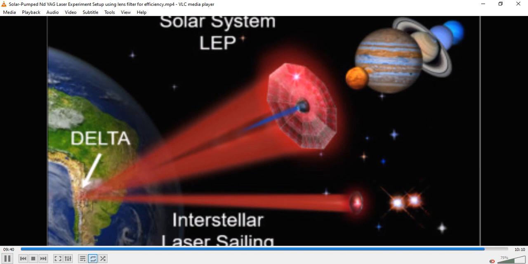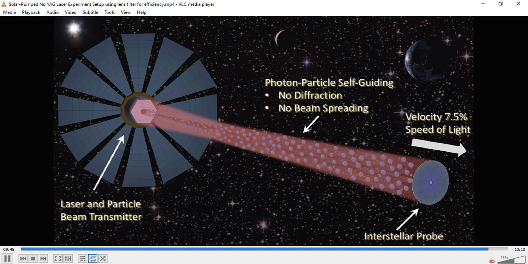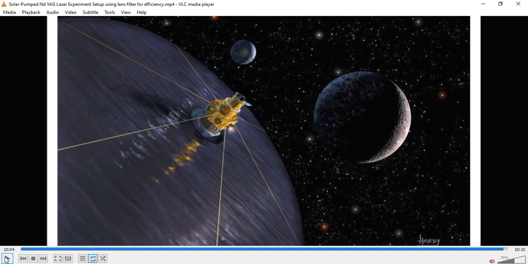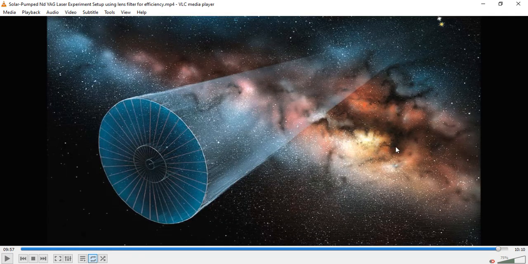Lasers travel without dissipating through space because it's a vacuum, and this is one area of interest for space-based propulsion using solar sails that could be assisted with perhaps particle beams and photon particle self-guiding, other techniques such as that. And this is really perhaps the only way in which one could get interstellar space probes, spacecraft out of the solar system in a controlled fashion without using gravity assists and so forth. So it's definitely an interesting topic.